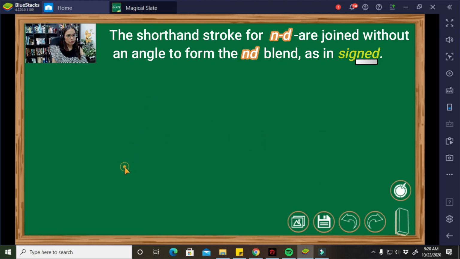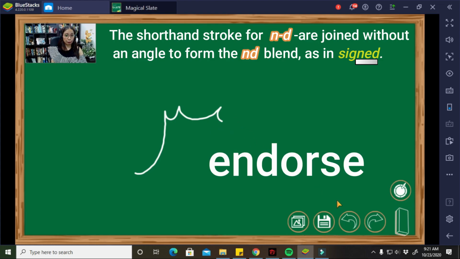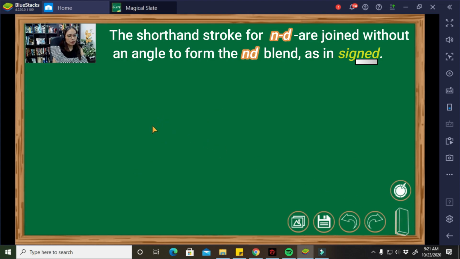Next example. Let's have a blending symbol here and then a downward deep hook and a forward curve, then a left S. Try to read that. Very good, that is indoors. Next example, we have a big downward curve and a forward curve, then a big circle and a blending symbol there.